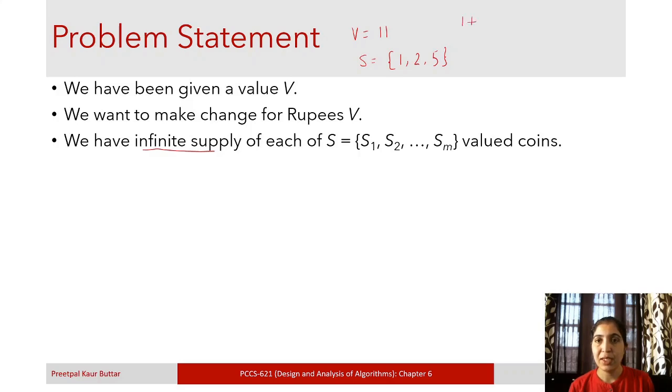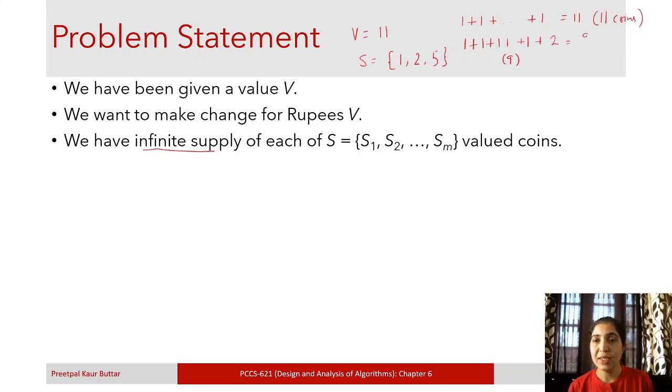We can take all 1 rupee coins and make the value equal to 11, and this will require 11 coins. Or the second approach is we can use 1 plus 1 plus 1 plus 1, 9 coins, and a 2 rupee coin.